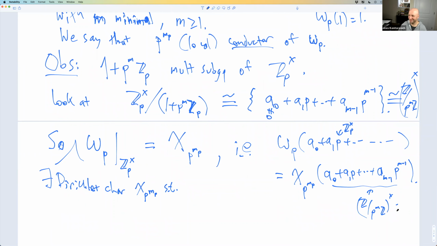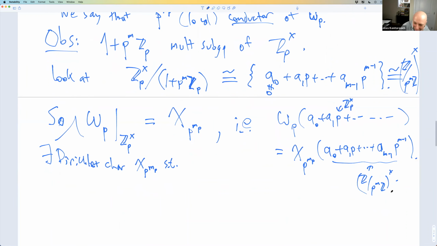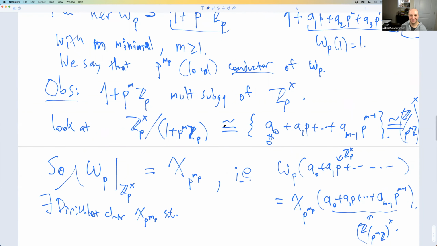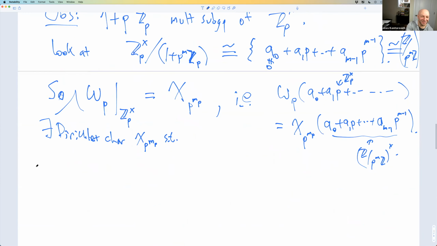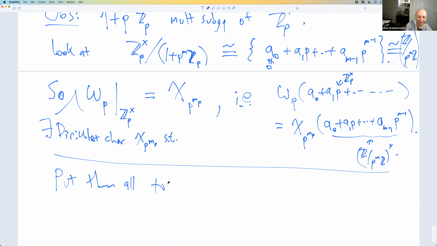Okay, so what have we learned? This is true at every place, and finitely many of the places are ramified. So to put it all together, let capital N be the product over the ramified primes of p to the m_p.